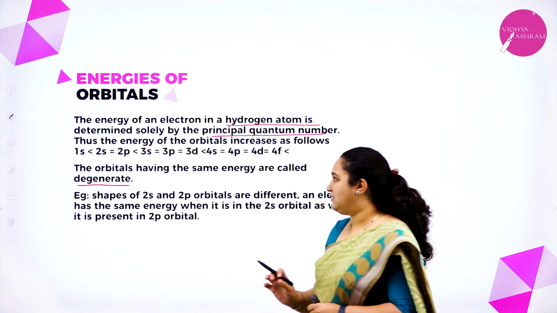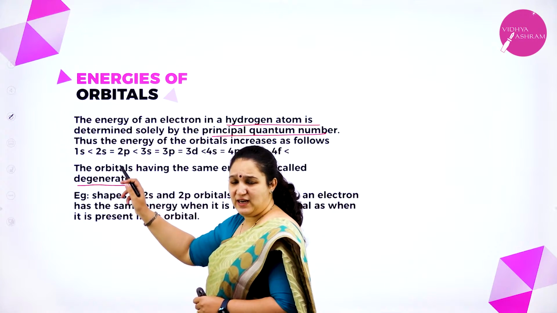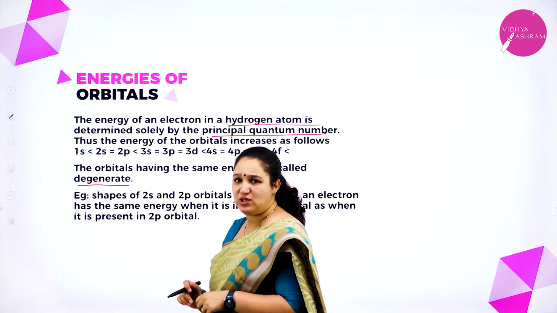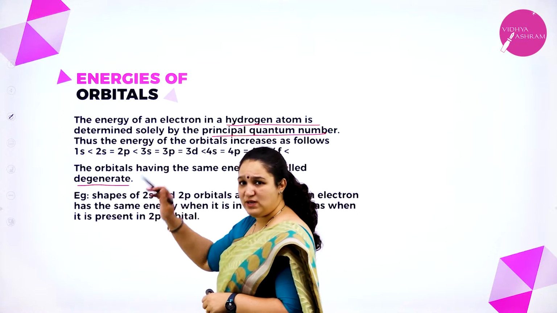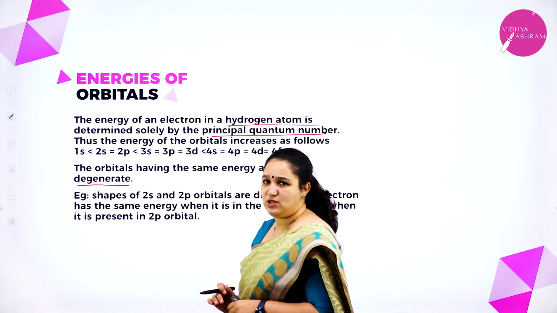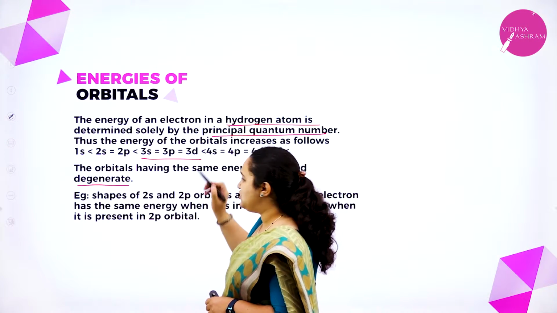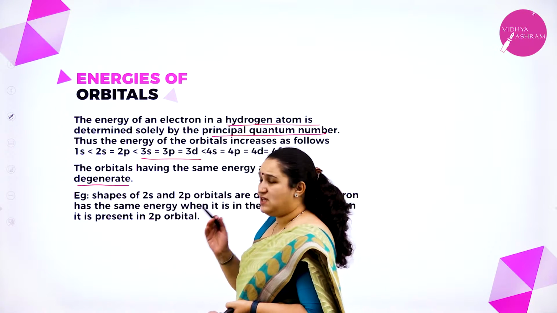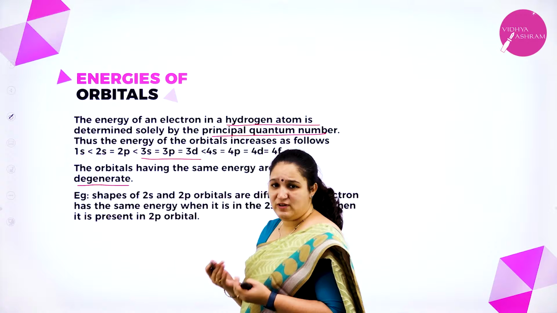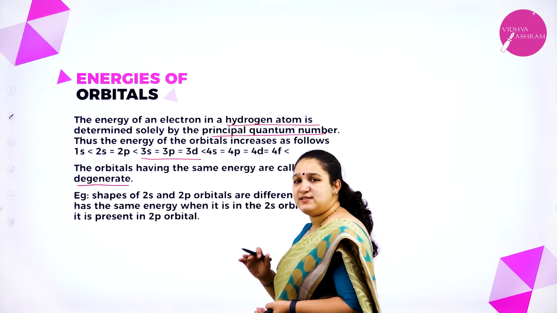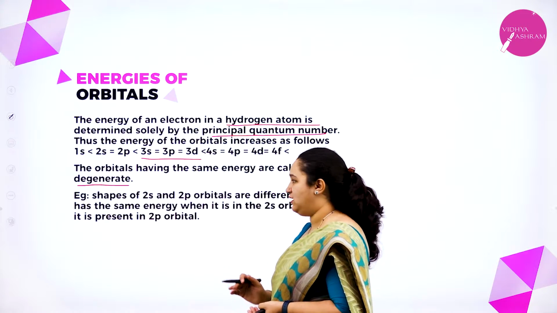So in hydrogen atom, the second shell has got two subshells, 2s and 2p, both are degenerate. That means they have same energy level. Electron in 2s also has the same energy level, electron in 2p also has the same energy level. Similarly, the third shell has got three subshells, that is 3s, 3p and 3d, and all of them have again same energy, or they are degenerate.